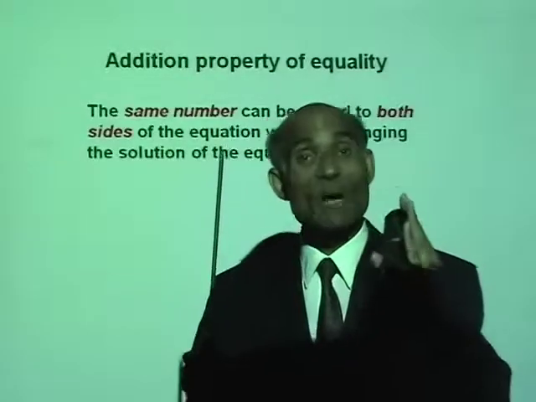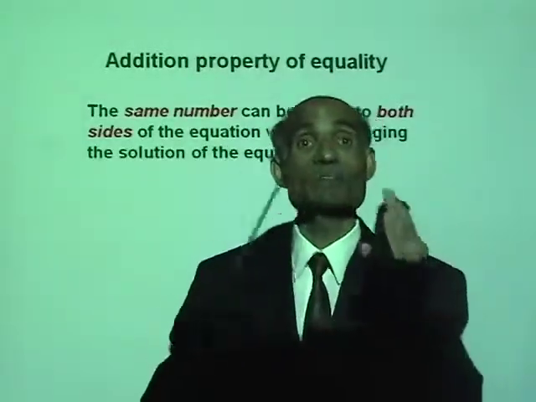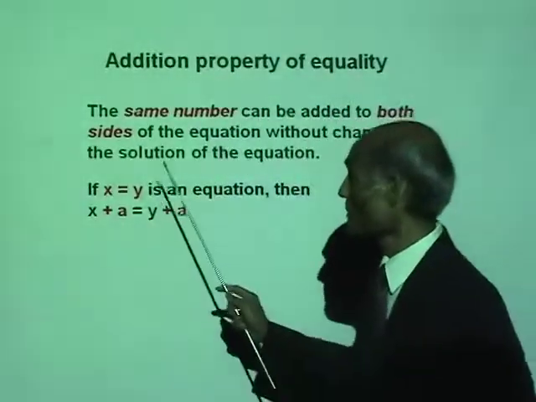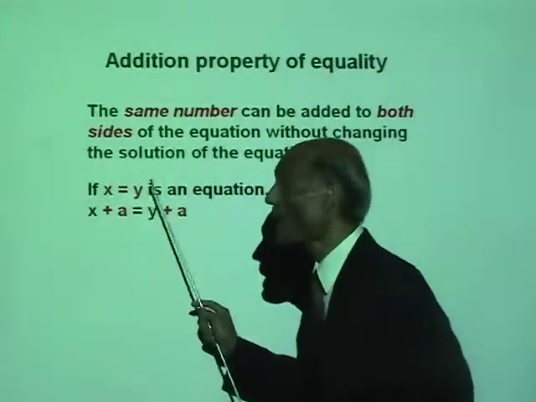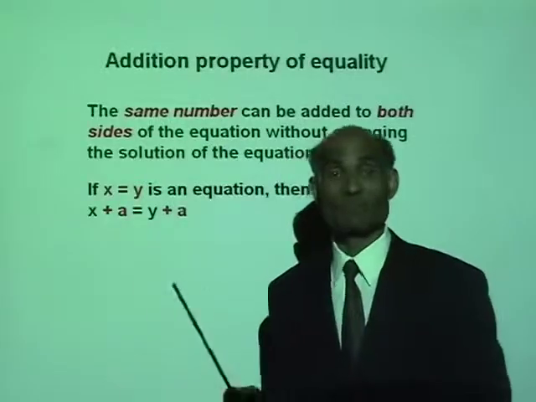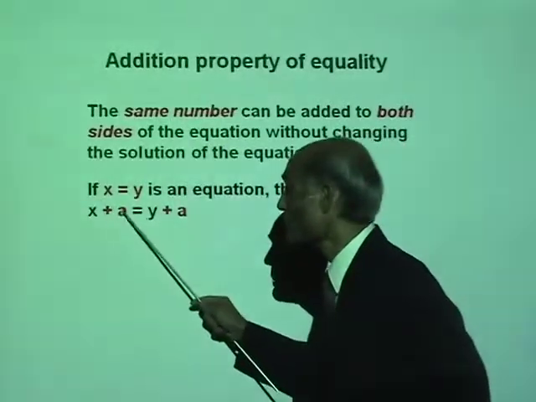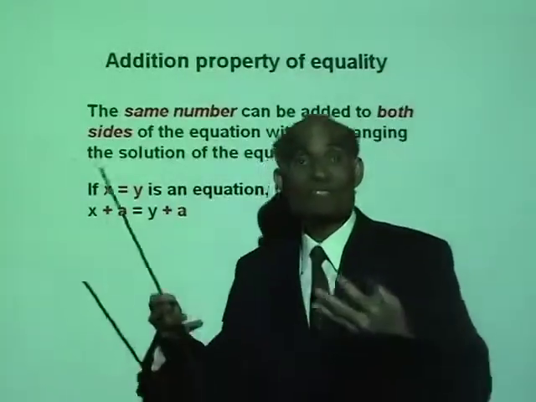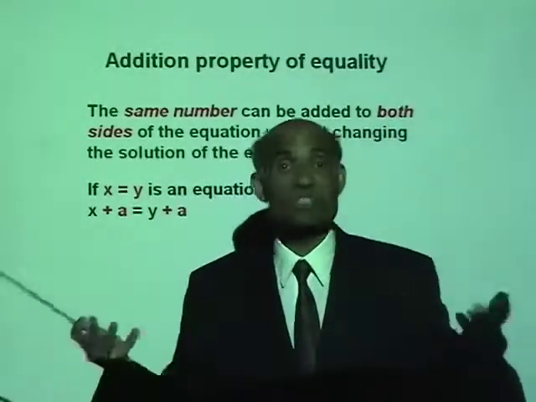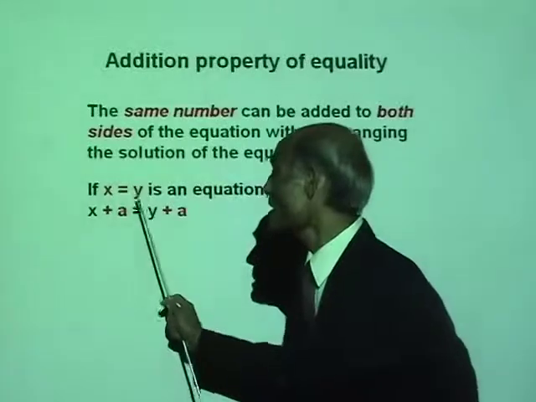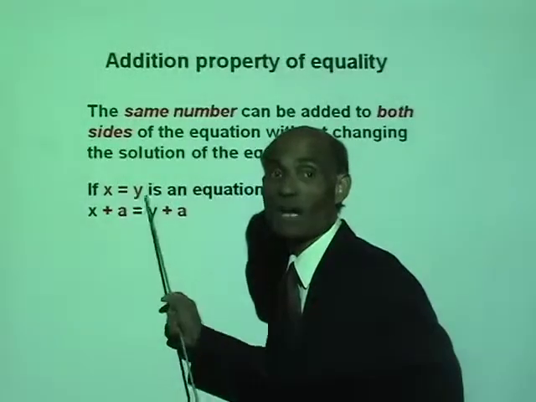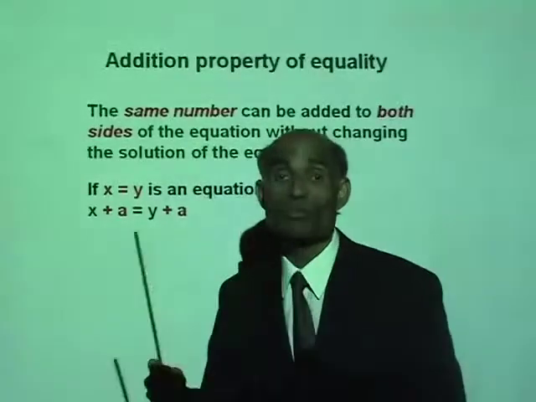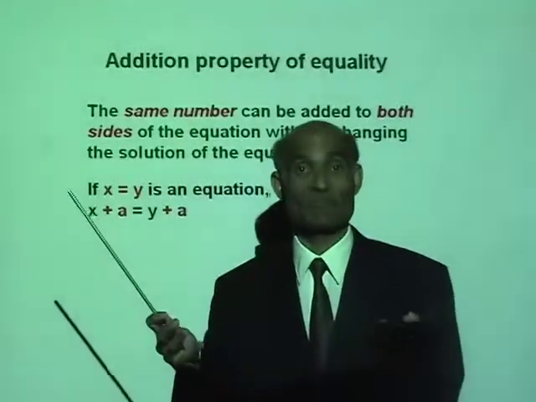So if you have an equation, you can add the same number to both sides. For example, if x equal to y is an equation, then x plus a equal to y plus a is the same equation. We haven't changed anything. Adding an a to the left hand side and adding an a to the right hand side will not change anything.